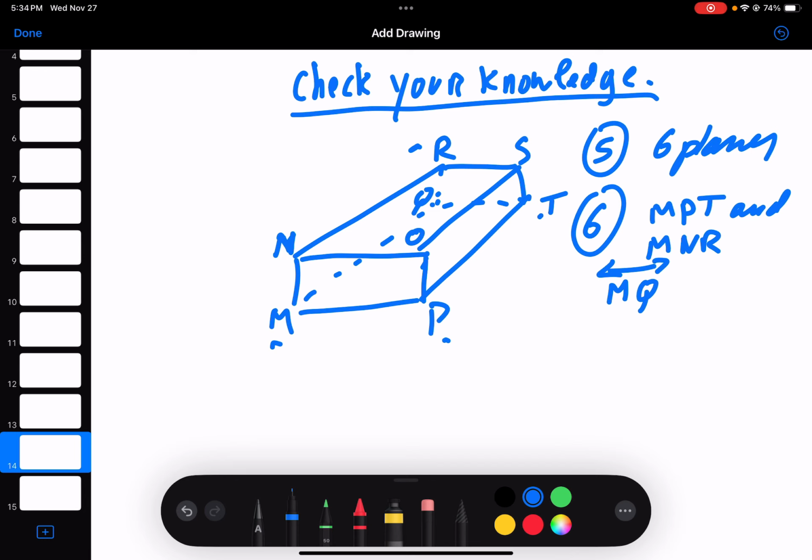All right. 7. What is the segment addition postulate?